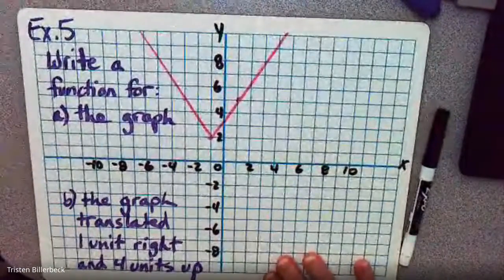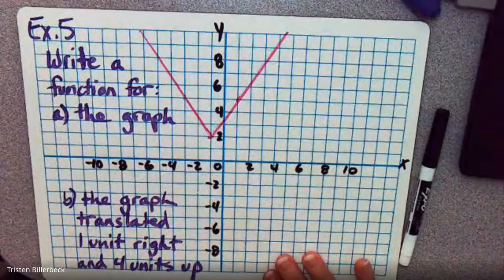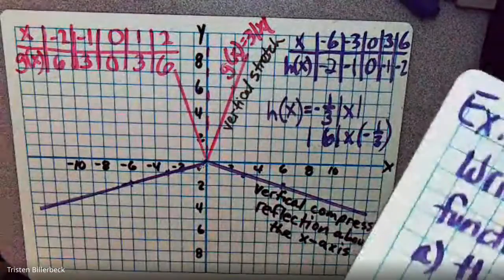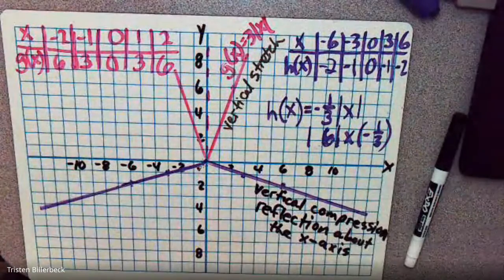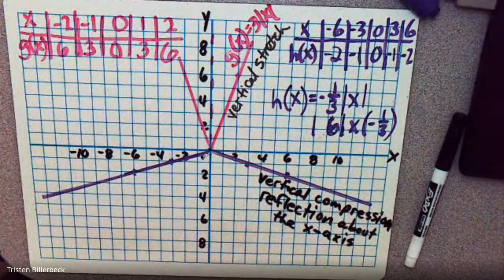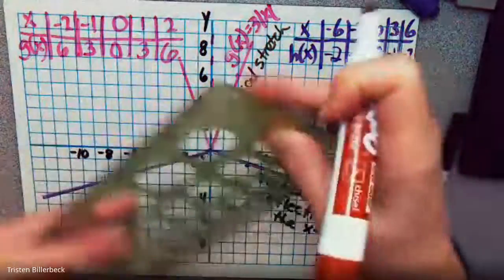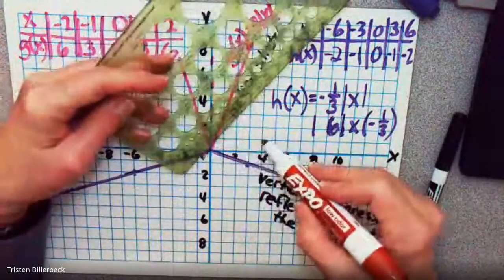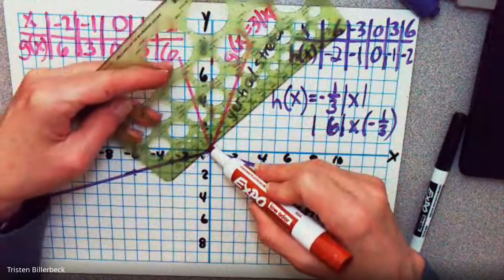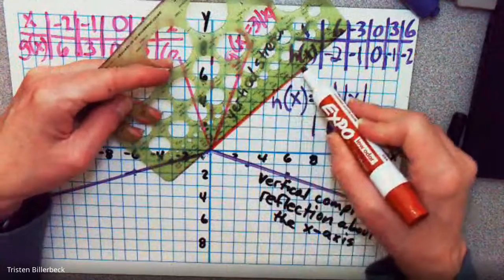All right, so our final one. Oh, before we get to that, we were supposed to compare this to the parent function. So let's do that. This time I'm going to put the parent function on there. Remember, it has a slope of 1 and negative 1. So here's our parent.